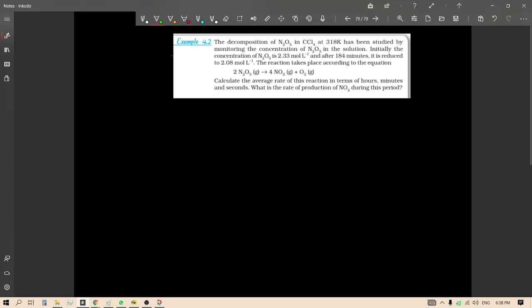Initially, the concentration of N2O5 is 2.33 mol/L, and after 184 minutes it is reduced to 2.08 mol/L. The reaction takes place according to the equation 2N2O5(g) gives 4NO2(g) plus O2(g). Calculate the average rate of this reaction in terms of hours, minutes and seconds. What is the rate of production of NO2 during this period?